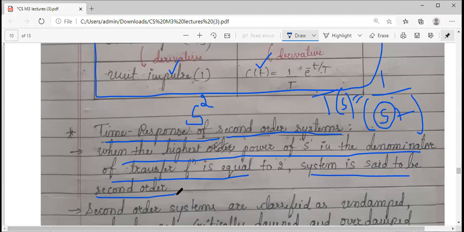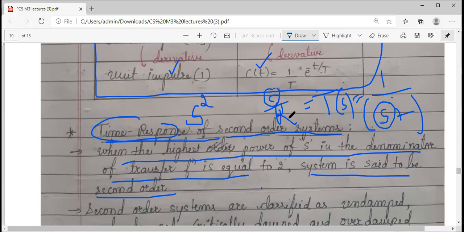So what we will do here again, we will take one control system which has some transfer function. First you have to consider a system, and according to the equation, the transfer function T is equal to C by R, output by input. We want the time response, that is the output.